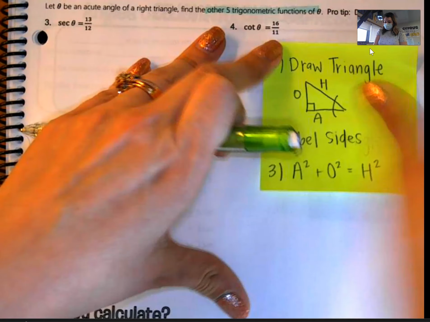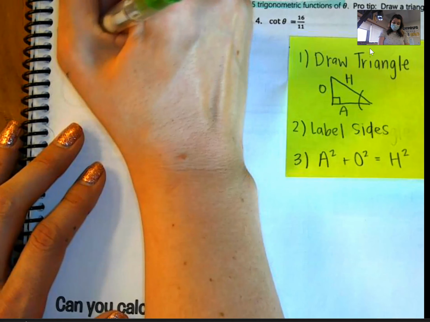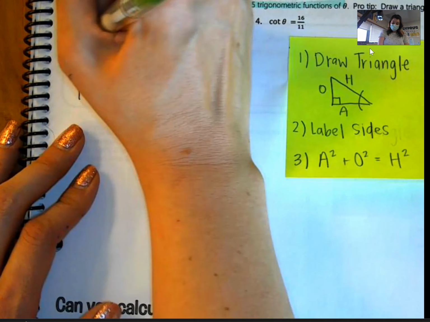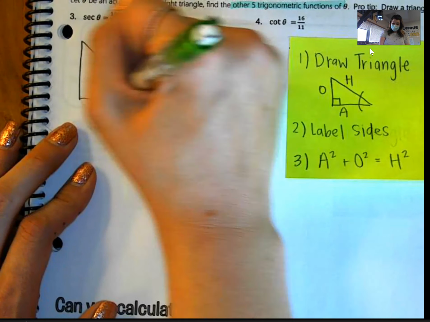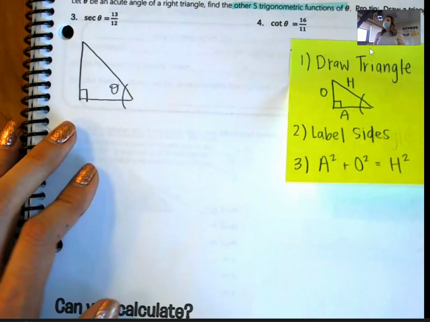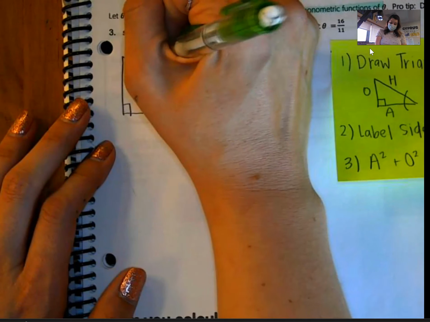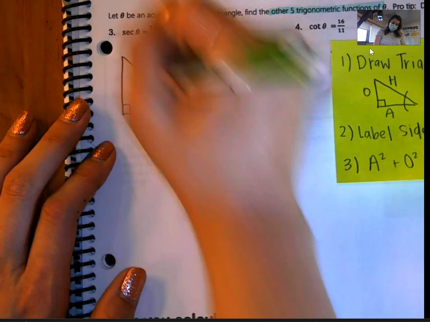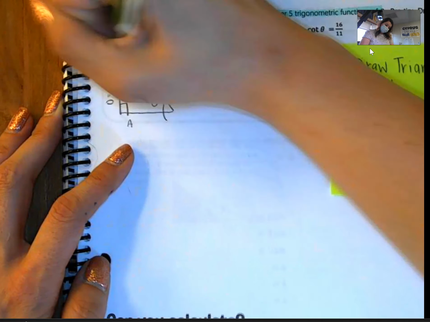Okay, so I'm going to draw my triangle. Step number 1 tells me for number 3, I'm going to draw my triangle. Here's my triangle. I know that this is hypotenuse, this is adjacent, this is opposite.